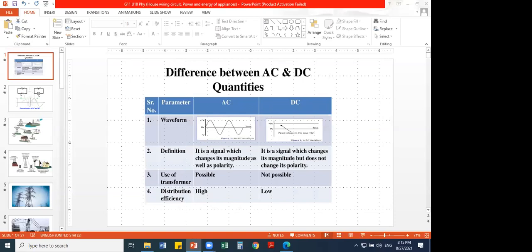And any battery, car battery, motorcycle battery, and solar cells, they produce DC, direct current. All the batteries produce DC, rechargeable or non-rechargeable, primary cells, secondary cells, all the electrochemical cells including solar panels, DC. And so I told you last week the sources of AC and DC supply.